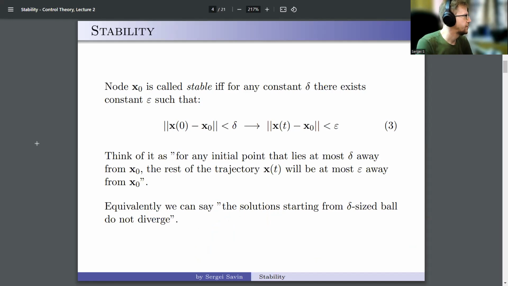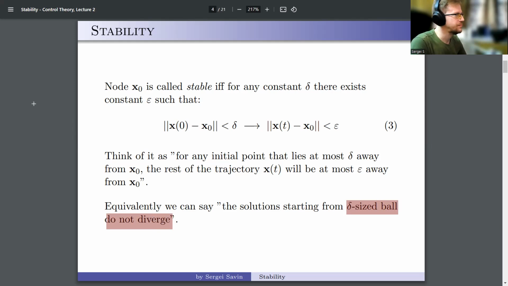So equivalently, we could say it even simpler: the solutions starting from a delta size ball do not diverge. Right? Solutions starting from a delta size ball do not diverge. That is another way to say the same thing.